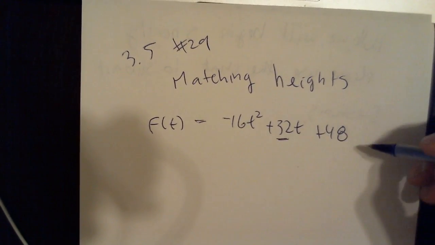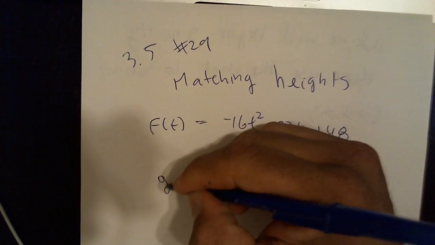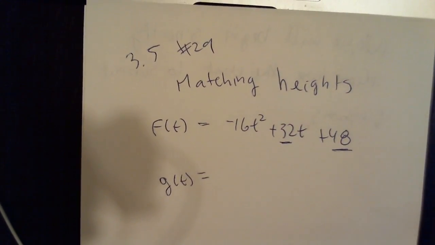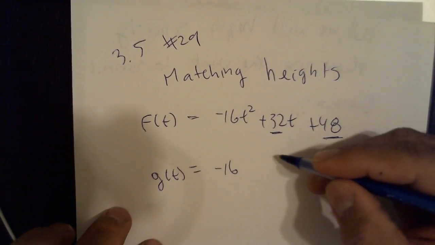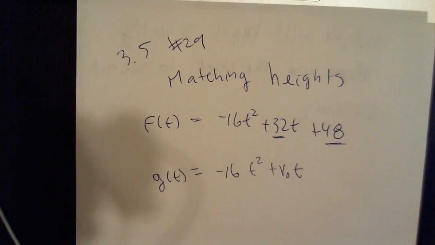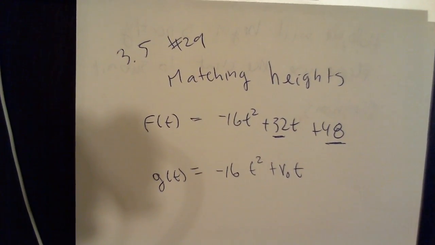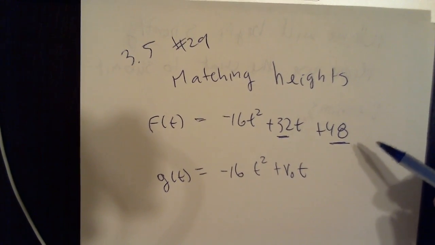So that's our initial velocity and the initial height. Now a second stone is thrown from the ground, so this is the same equation plus v0t.